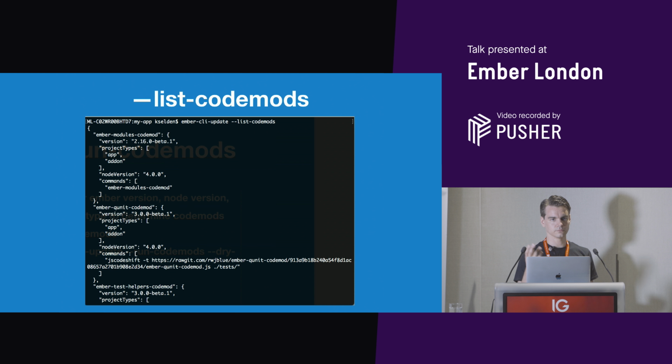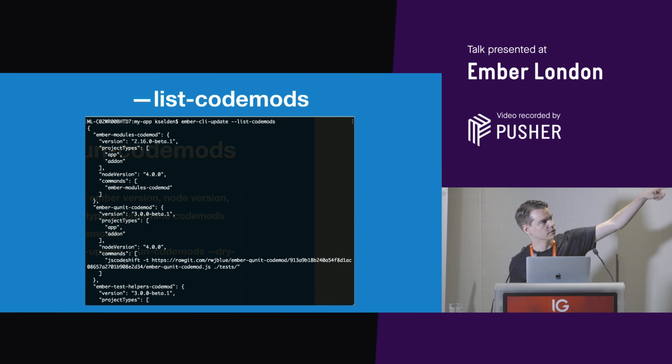You'd have to make your own output repo because it's entirely driven by these output repos. But this code mod runner uses these meta tags to determine if it should run against your version. So if you're doing an Ember 3.0 update, you only get a couple of those. Or if you're still on node 4, some of those won't run.